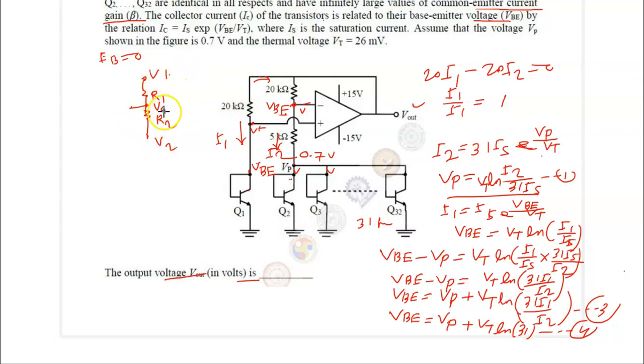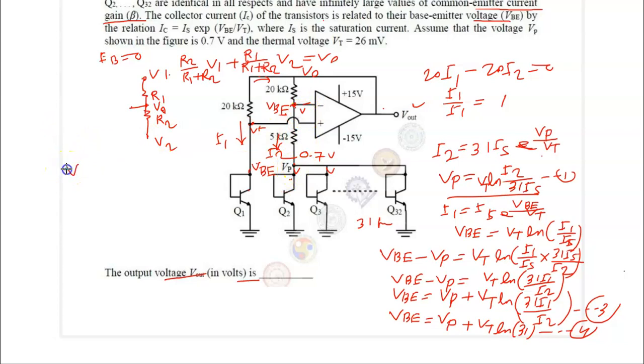First assume that V2 is 0, so you have R2 upon R1 plus R2 times V1. Assume V1 is 0, so you have plus R1 upon R1 plus R2 times V2. This is your V0. You just check here. Here is your V0, here is the VBE, here is your VP.